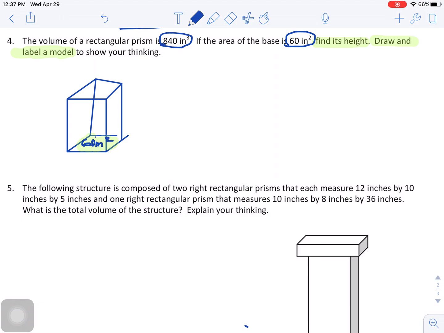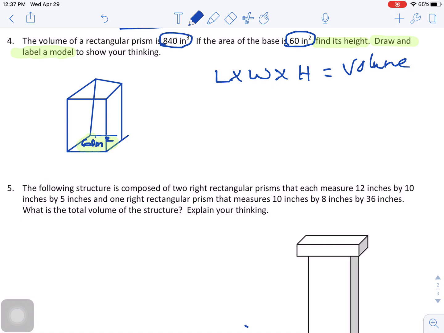Okay. Now, what do I know here? I know that the length times width times height is going to be the volume of a rectangular prism. So what I'm going to do is put in these values.